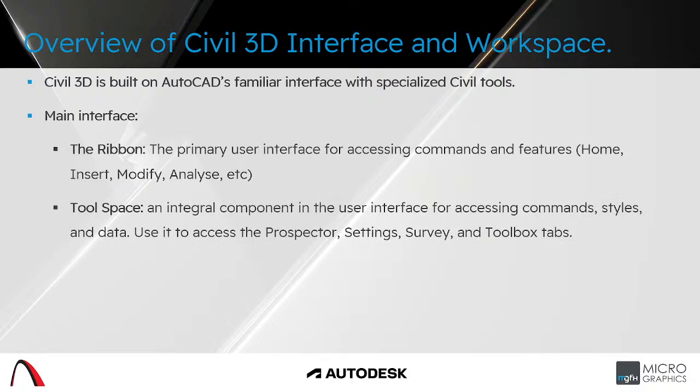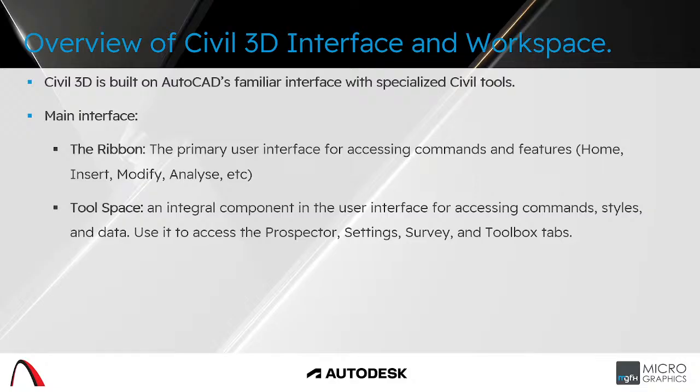And we have what we call the tool space, which forms part of the palette panel within Civil 3D. The tool space is an integral component in the user interface for accessing commands as well as styles and data.